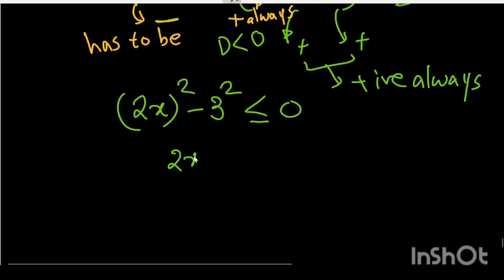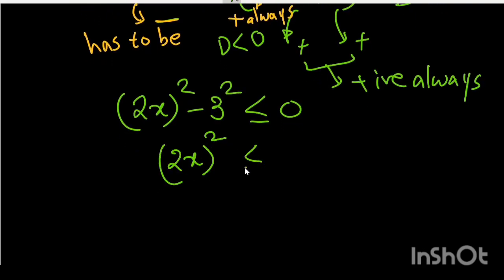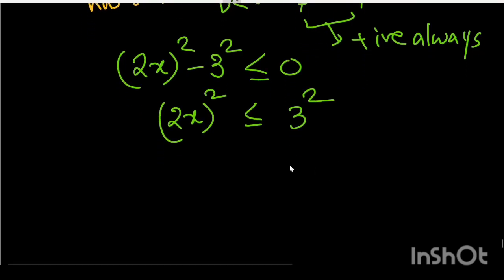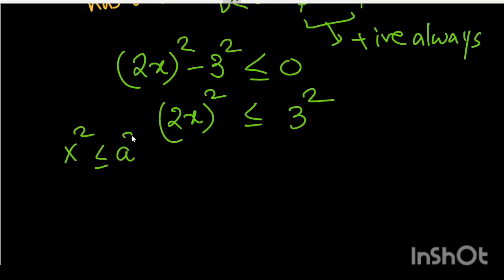Now 2x whole square less than equal to 3 square. Now X square less than a square, that result we can use, which gives X between minus a to a.